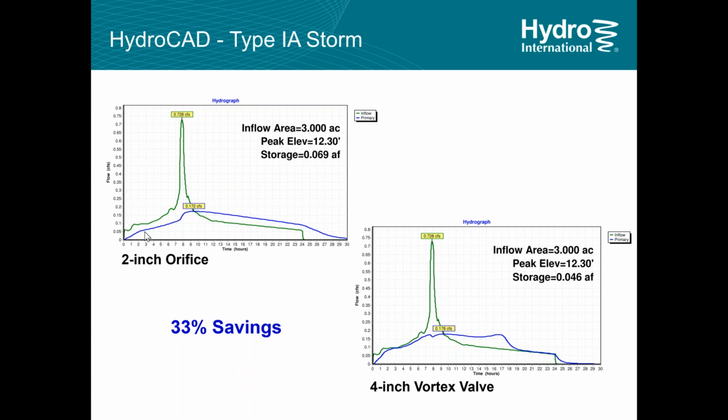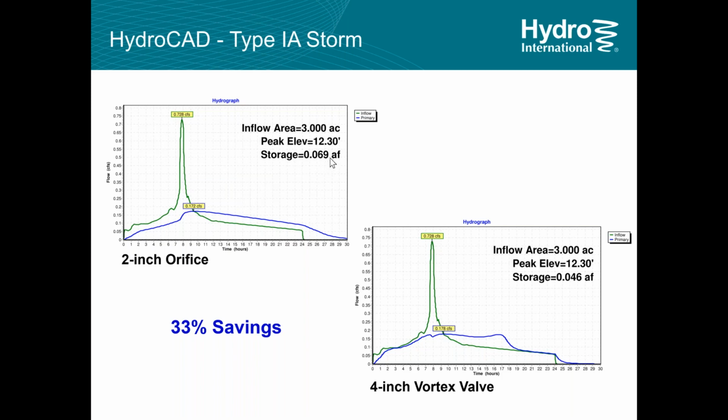Both the 2-inch orifice and the 4-inch vortex valve have pretty close to the same maximum discharge flow rate, just about 0.17, 0.18 CFS. So the maximums are the same.